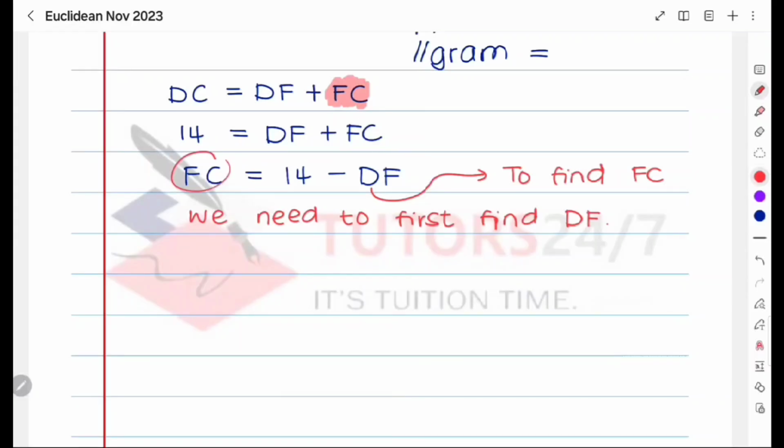So to find FC, we first need to find DF. Now, if you remember what we previously mentioned, DF is a side on one of the similar triangles. So we can use the similar triangles to find DF.